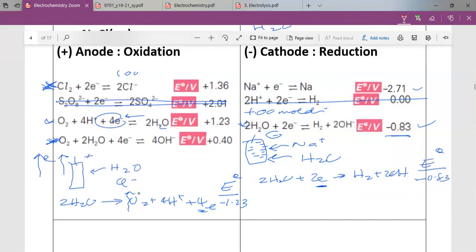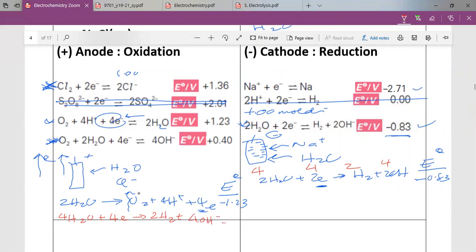So I'm going to put down here 4H2O plus 4 electrons to give me 2H2 plus 4OH minus. Okay, right?